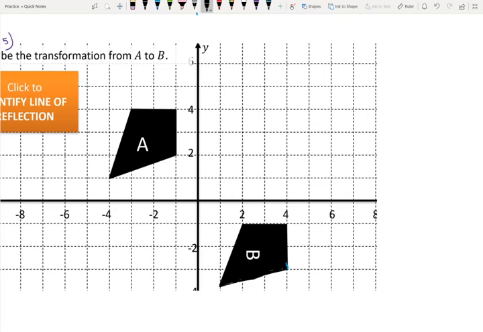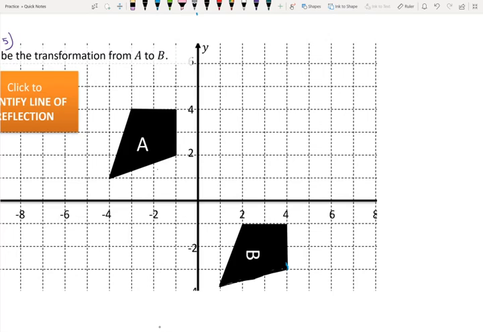And then if you are going to check, is this a reflection or a translation, you just ask yourself, did you displace or did you reflect these two shapes?